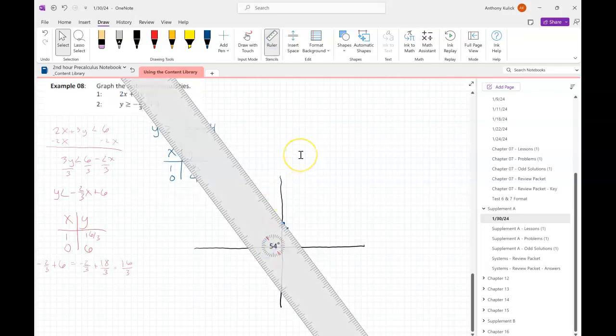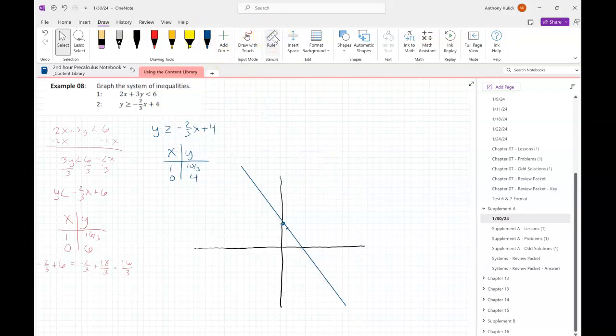We know it's solid. Why? Because it's an or equal to inequality. Yeah. And then which way should I be shading? Below it. Above it. Why above? Yep, so you want the y's bigger than the one on the line.